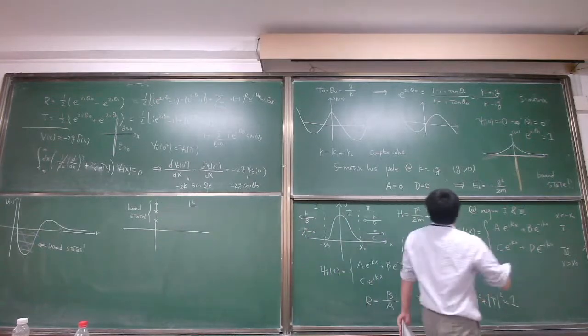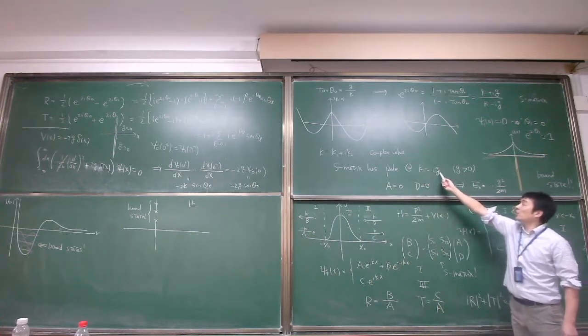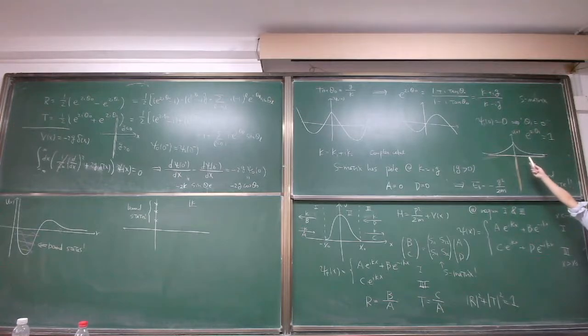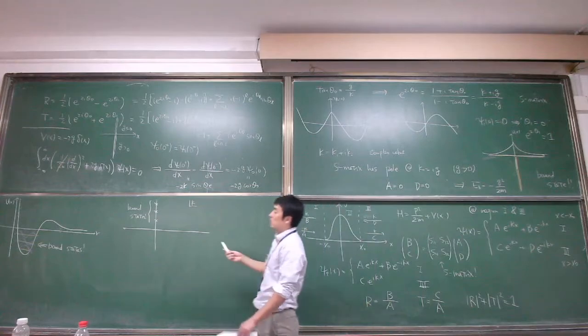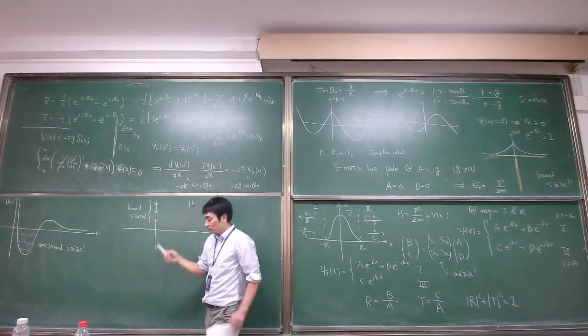As we saw, when k is equal to ig, we have a bound state trapped in the attractive delta function potential. This is also true for a general potential V.